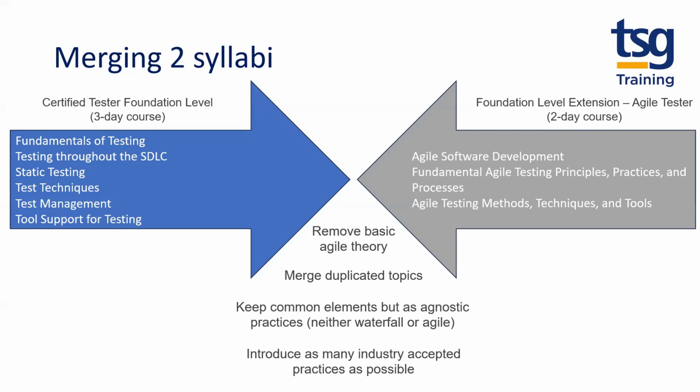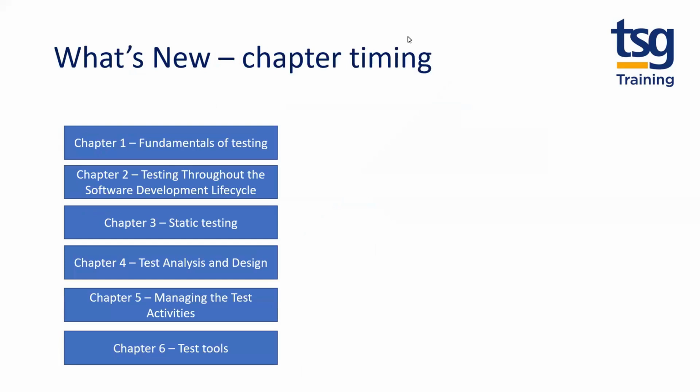So the net effect of adjusting the syllabus was to retain the basic structure of the current foundation. That 6-chapter structure has been retained. However, in terms of time and emphasis, for the fundamentals of testing we're now spending less time, but we're going to spend more time on testing through the software development lifecycle.